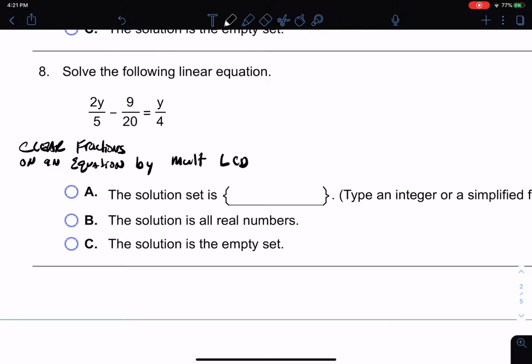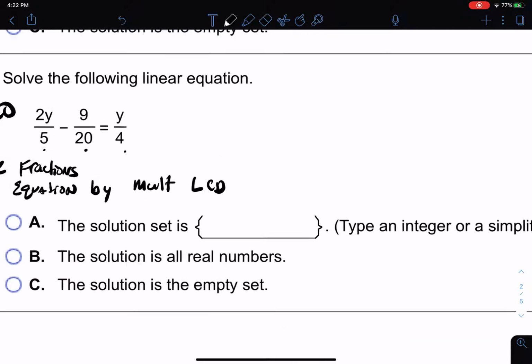LCD is the least common denominator. It's the number that 5, 20, and 4 all go into. It's the smallest number, so that makes it the least. So the least common denominator here, LCD, is 20. 20 is the smallest number that 5, 20, and 4 go into.